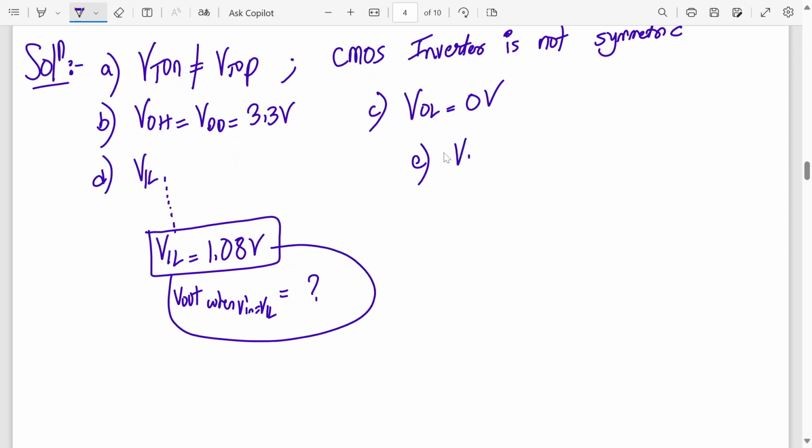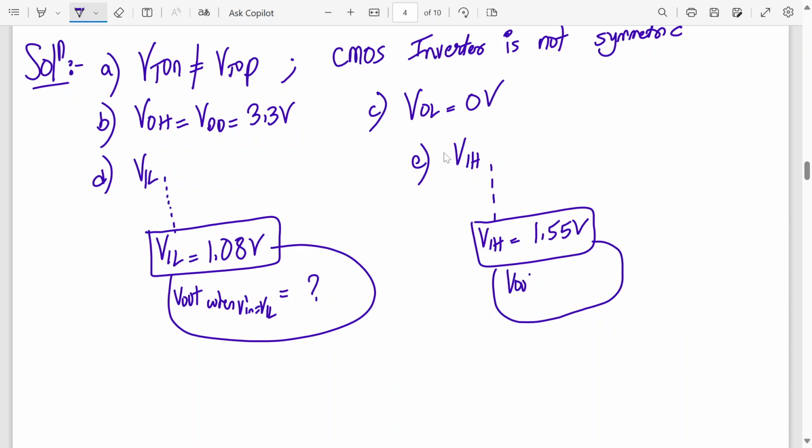Then VIH, you solve this, and you will get the value of VIH as 1.55. So V out when V in is equal to VIH, here we got it as 0.27.